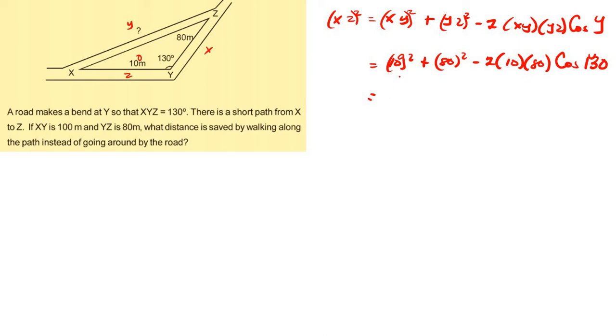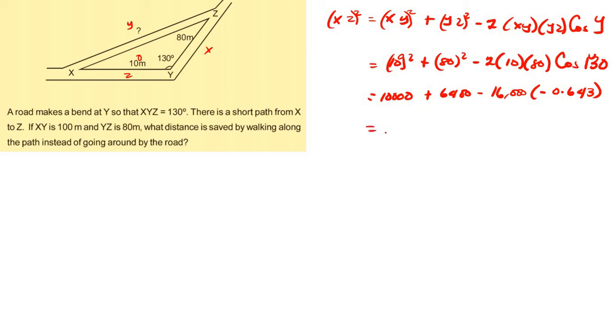So that would give us 100 squared, that is 10,000 plus 6,400 minus 2 times 100 times 80, that would give us 16,000. Cosine 130, if you do that with your calculator, is negative 0.643.